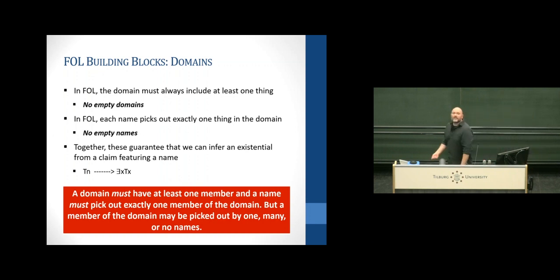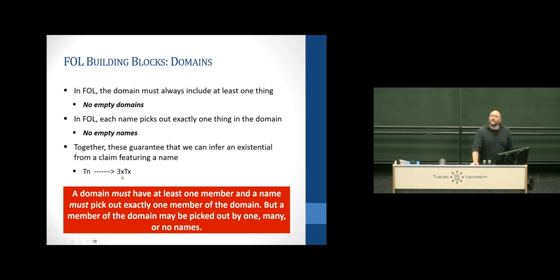And this goes hand in hand with something I mentioned earlier, which is that we cannot have empty names. We can't have a name in a symbolization key that doesn't pick out something in the domain. And the reason we want to do this is we want to be able to capture one particular inference. We want to be able to go from the fact that some object name satisfies a predicate to there is something that satisfies the predicate.